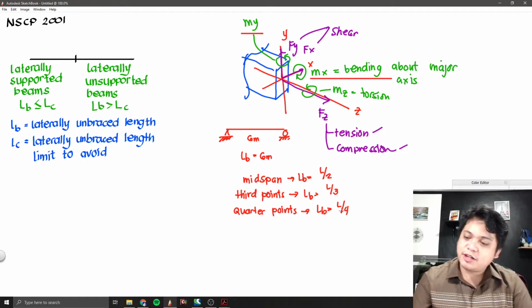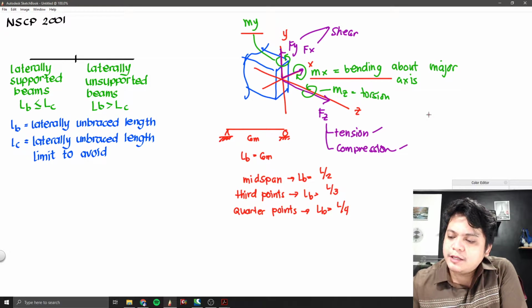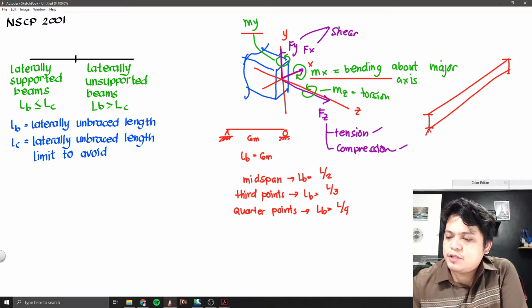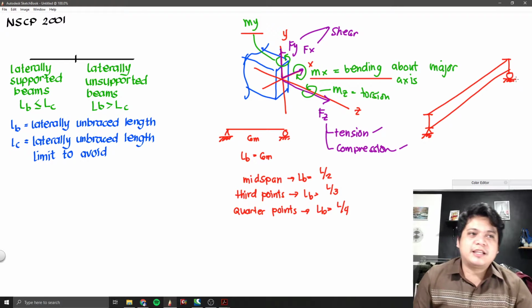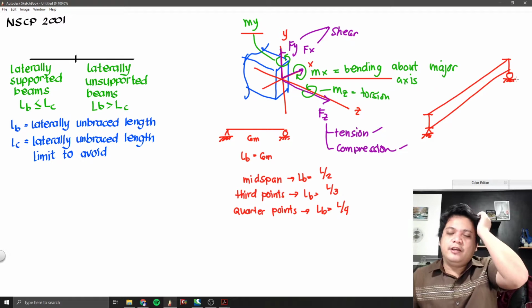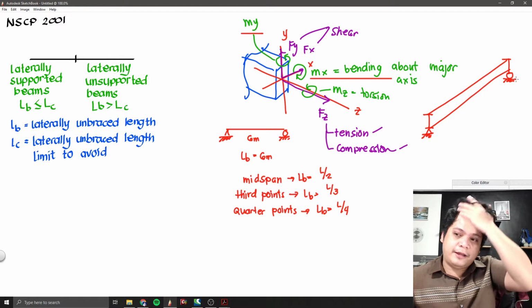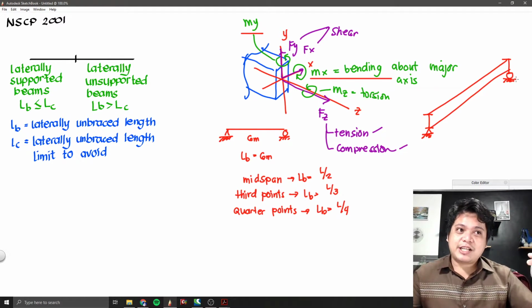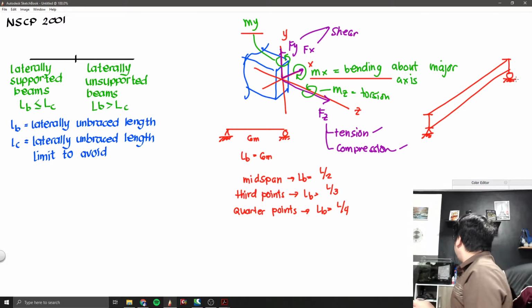Okay? Ano siya sa tunay na buhay? Example, meron ako ditong I section. Okay? And then, ayan. Ayan yung beam ko. Tapos dito may support, no? So, yung end supports natin, of course, that is taken as lateral support, ano? Okay. Yung lateral support, okay, ginagawa siya para, teka, hanapin ko na nga yung ruler ko.